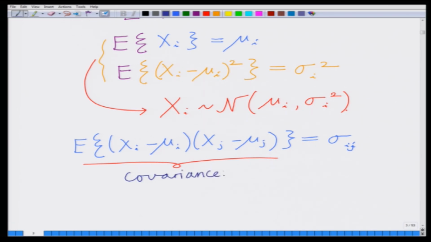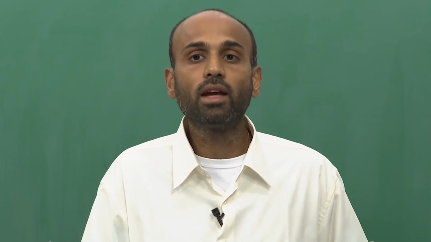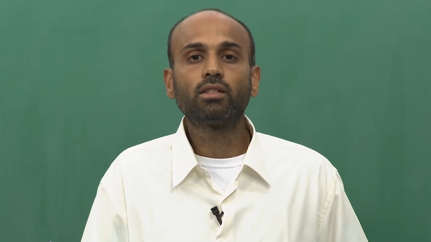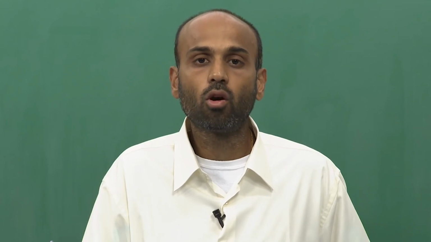This is known as the covariance of the random variables xi comma xj, and that is equal to sigma i comma j.